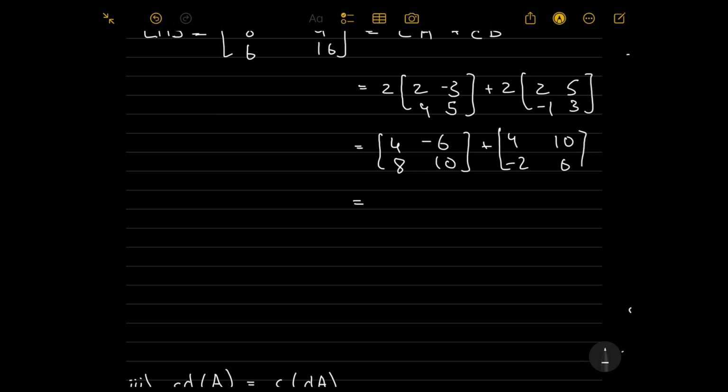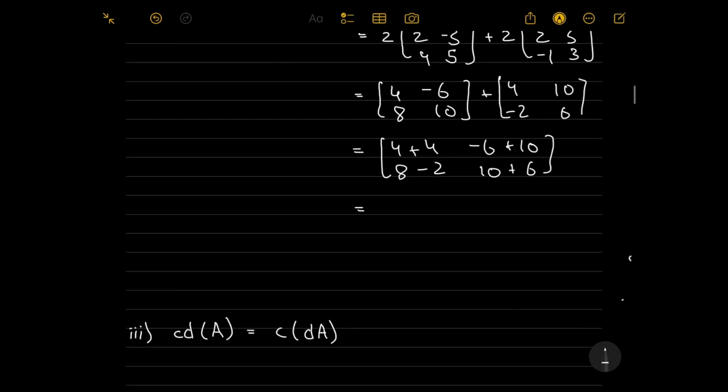So adding these both, 4 plus 4, minus 6 plus 10, 8 minus 2, 10 plus 6 will equal 8, 4, 6, and then 16.